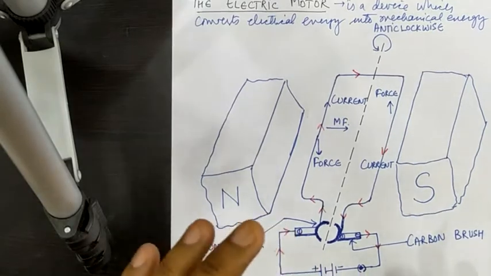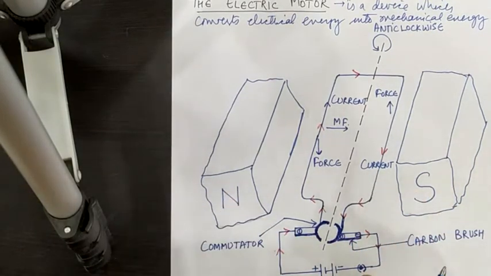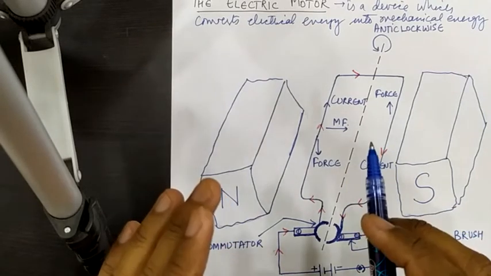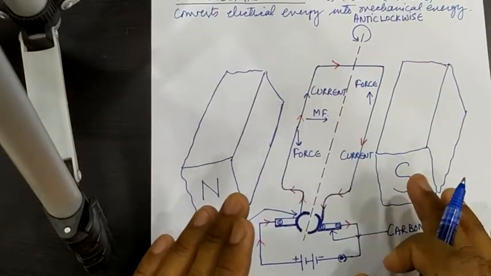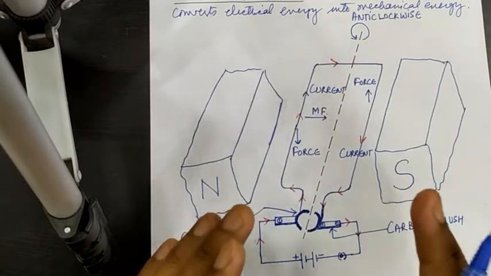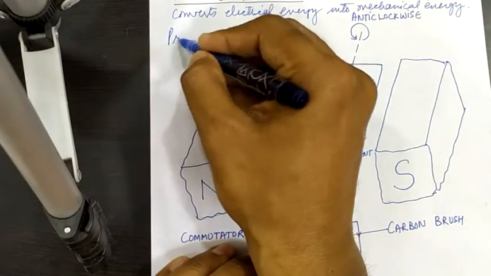So on what principle does it work? It works on the principle we have just discussed: when a rectangular coil is placed in a magnetic field and current is passed through it, a force acts on the coil which rotates it continuously. The principle is very important. You have to write down the principle.